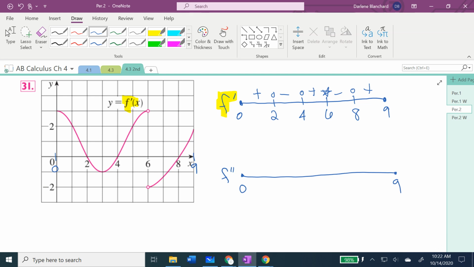Right now, I don't want to be interpreting what that means about f, because where people go wrong with these problems is if they keep going back and forth between interpreting f prime as the actual positive, negative y coordinates of the graph and changing them into slope for f.